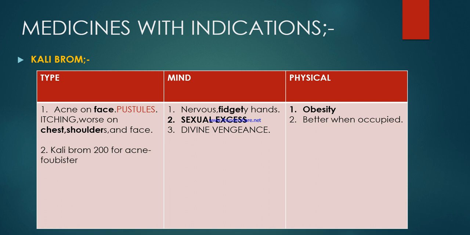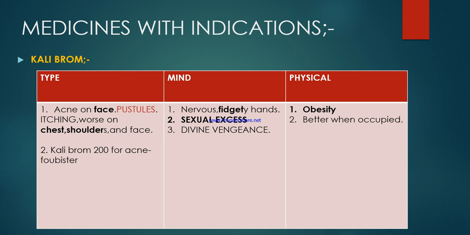Okay, so first of all, in Kali bromatum there is acne on the face, which will be like pustules. There will be formation of pus inside the acne, and there will be itching, and it will be worse on the chest, shoulders and face. And the mental condition of Kali bromatum is that he is very nervous.